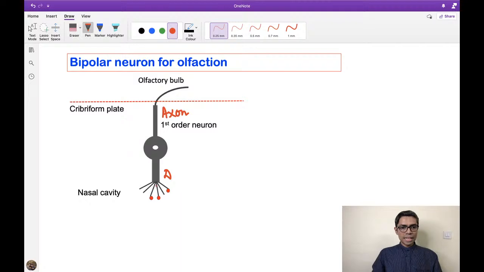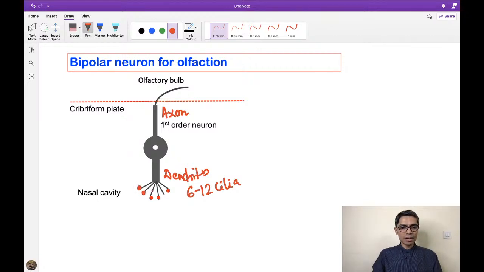At the top of these dendrites, there are cilia. How many cilia are there? At the top of these dendrites, 6 to 12 cilia are present, and at the level of these cilia, you see these red colored dots.